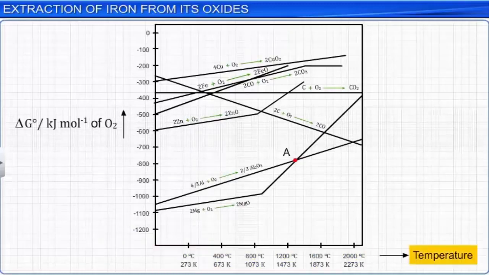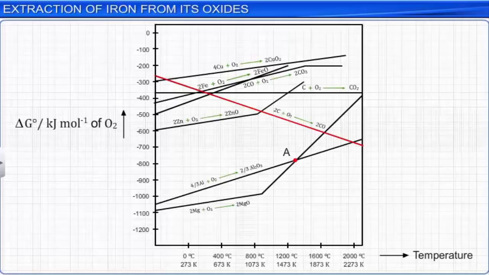for both these reactions, then it will go upwards for the reduction of ferrous oxide to iron, FeO to Fe, and downwards for the oxidation of carbon to carbon monoxide, CO. From the graph, you can see that at a temperature above 1073 Kelvin, carbon reduces iron oxide to iron, but itself undergoes oxidation to form carbon monoxide.